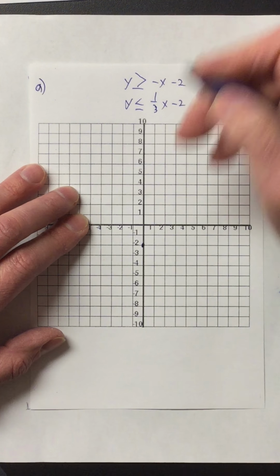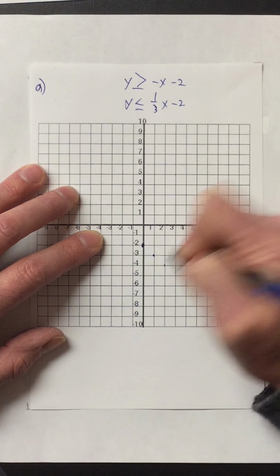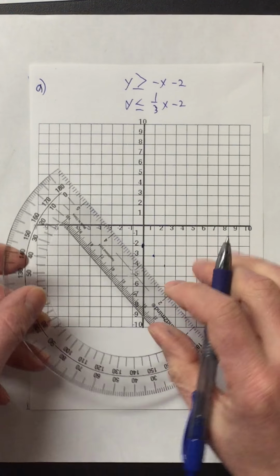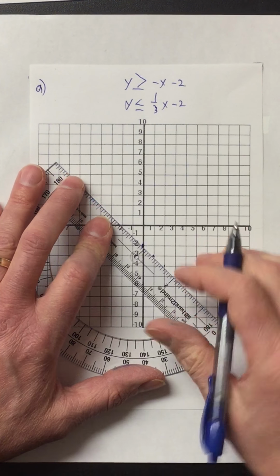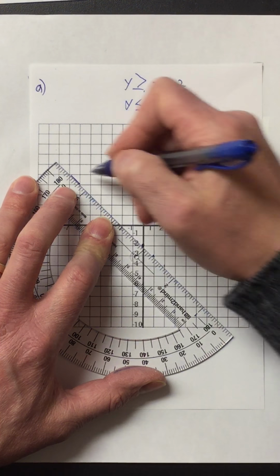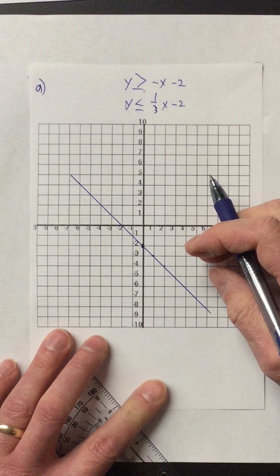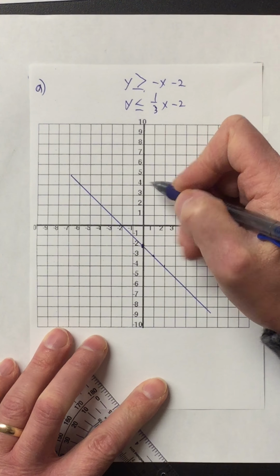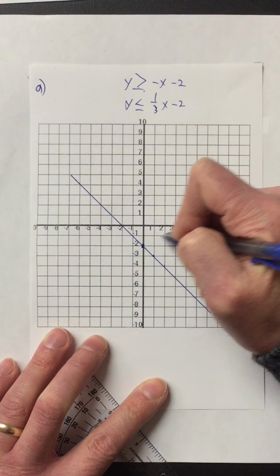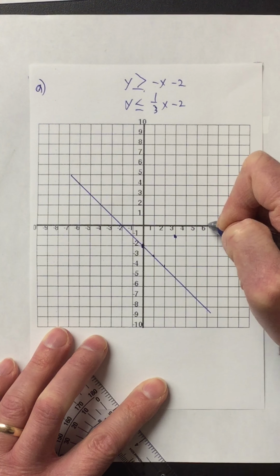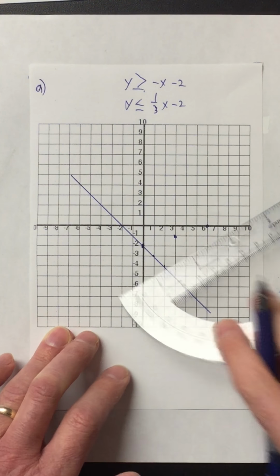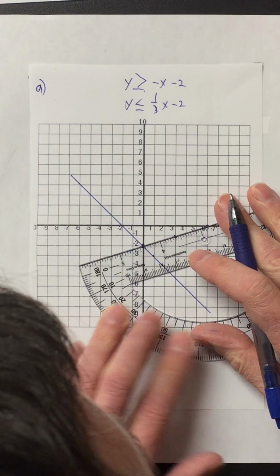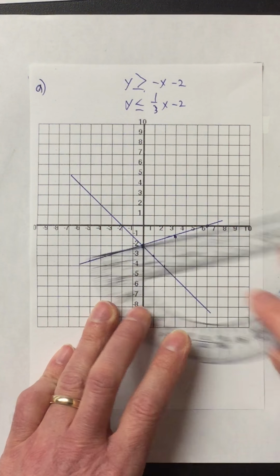Let's do this first one here. It's a negative 1 over 1, so a rise of 1 and a run of 1, and it goes down. It's equal to, so a solid line, something like that. This one has a rise of 1, it's a positive slope, and a run of 3. So up 1 over 3, something like that. It is equal to it, so I got my solid line.